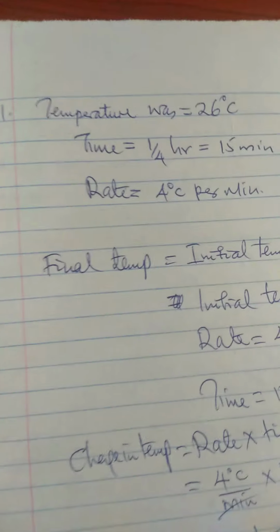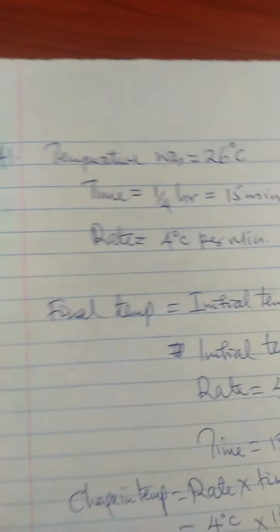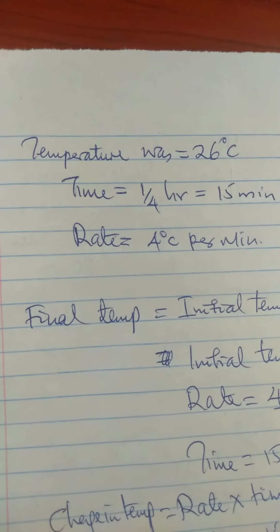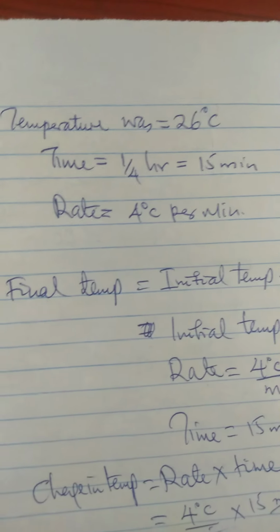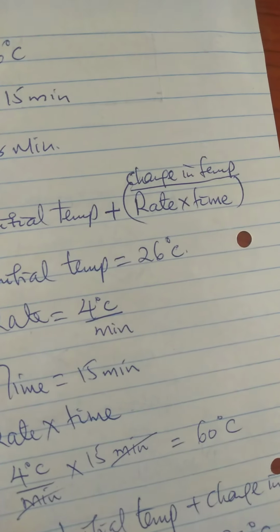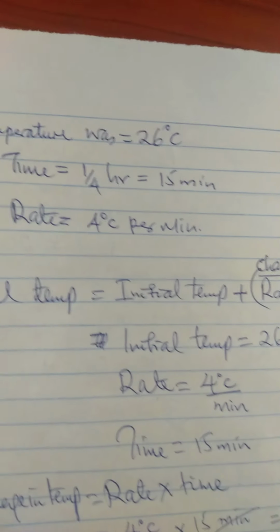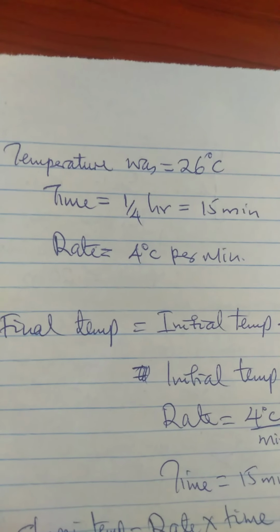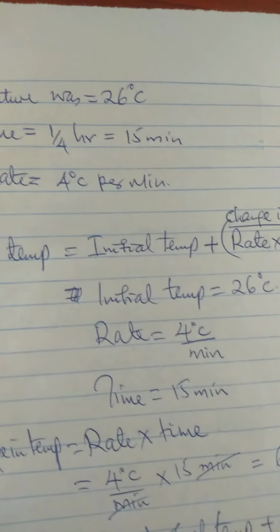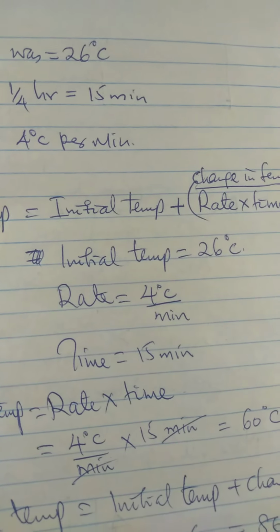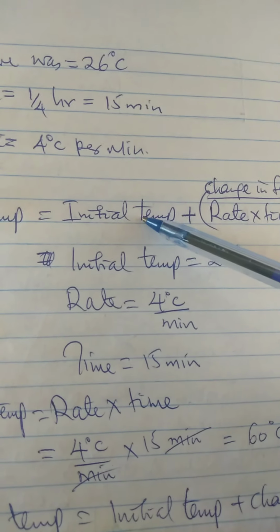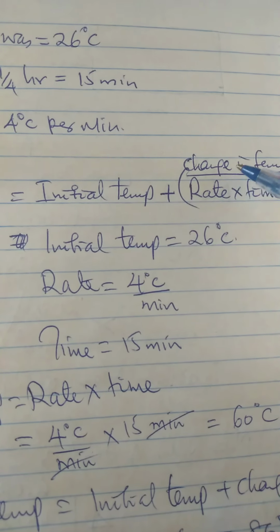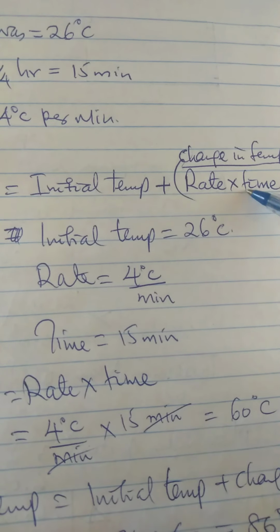41 is a question on temperature. We have handled this. So final temperature is given by initial temperature plus the change in temperature. You have the time, convert that into minutes because the rate is 4 per minute. Change is rate times time.